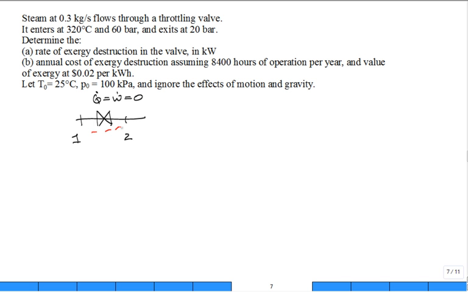And we do a first law analysis around this control volume around the throttling valve. Even though the pressure is lower than the inlet pressure and the temperature is not necessarily the same, it's typically, not always, but typically lower as well. We find that typically the specific volume is changed, and it typically goes up.